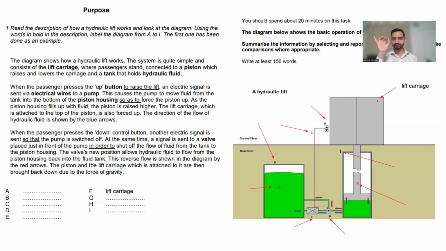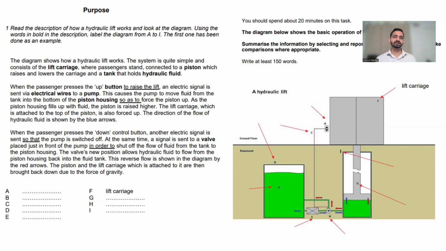You can see A, then you've got B, C, D, E, F, G, H, I. For all of these steps in the diagram, the first one has been given to you as an example. F is the first one that has been given to you. It's lift carriage, right? So think about that.